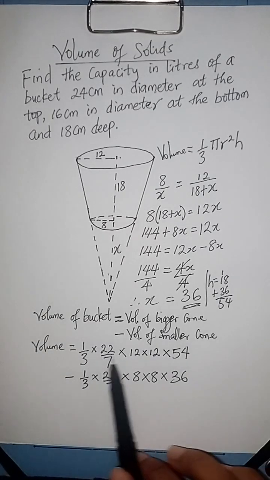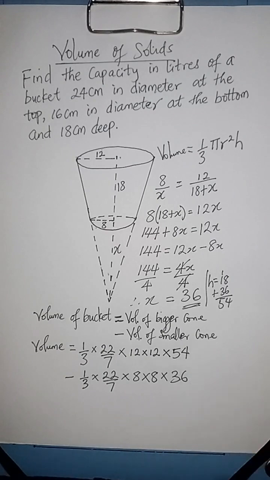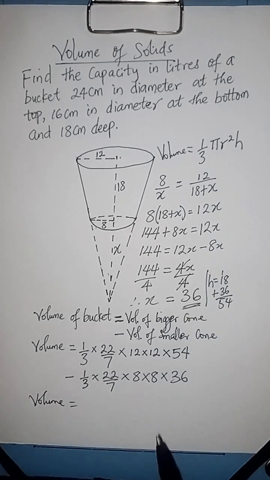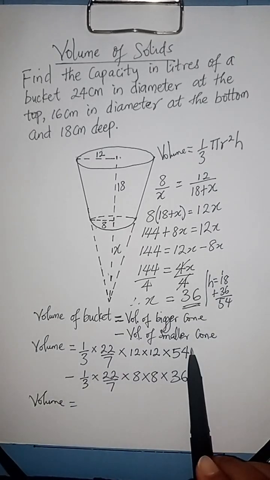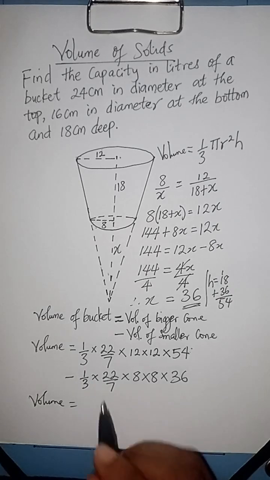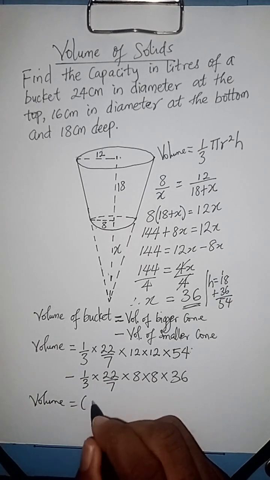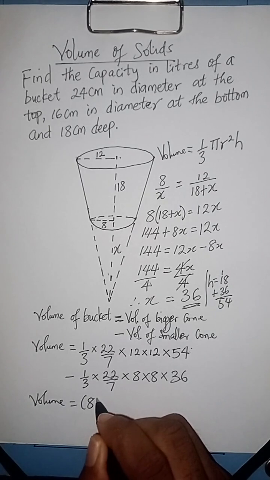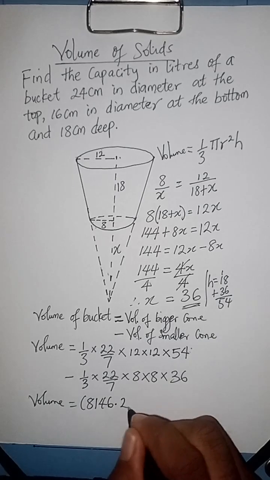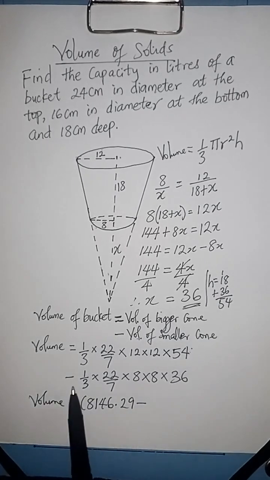If you solve this, use your calculator. This is easy peasy, so I'm not going to go into this. When you multiply through, you're going to get 8,146.29 minus this.